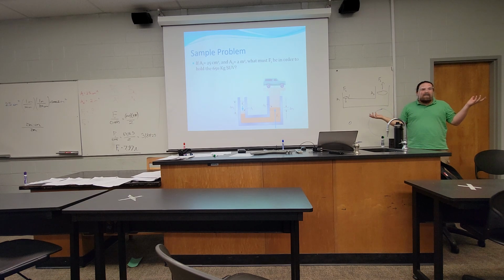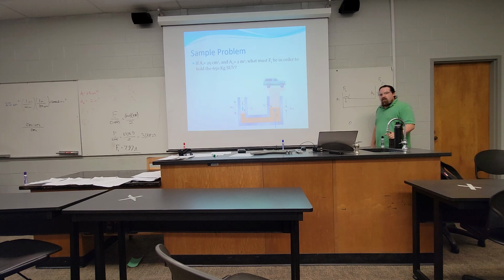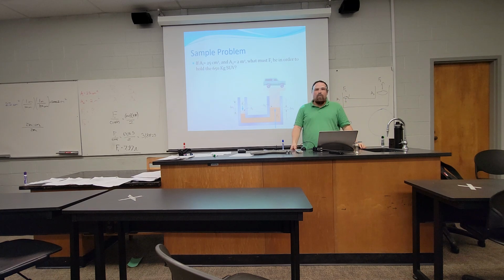So that's the drawback. You would have to exert 2 pounds of force and push 10 stories worth of water down a pipe in order to get the other side to rise that much, just because of the volume difference. The area difference. Still useful. The machines just have to find a way to work around that.